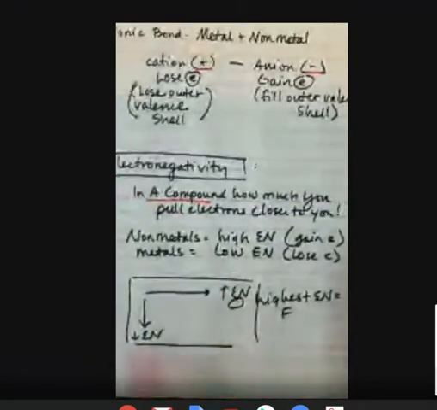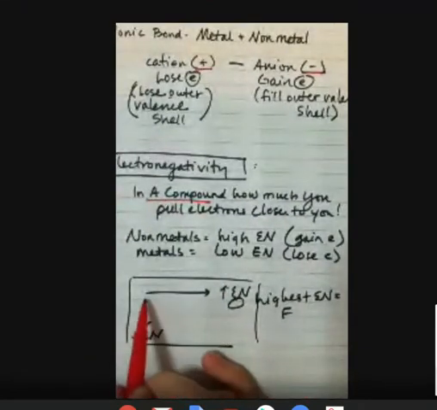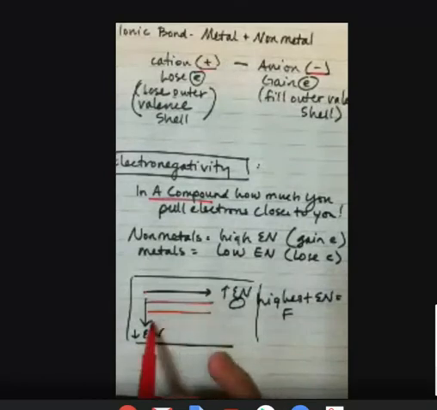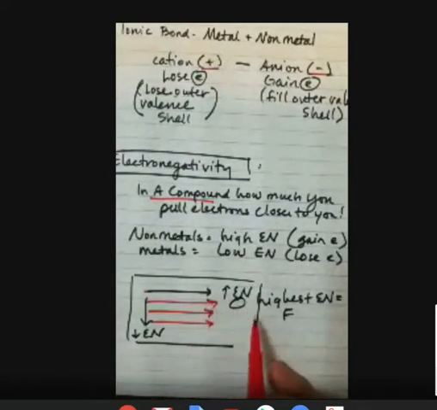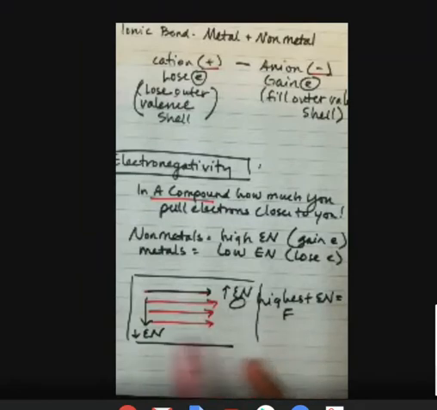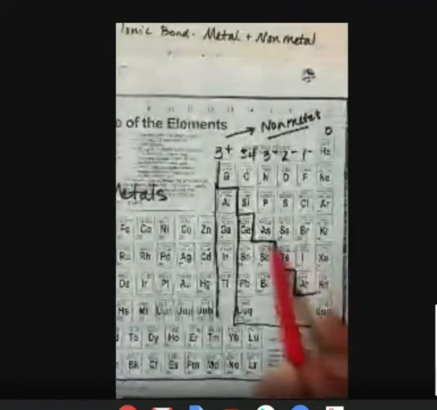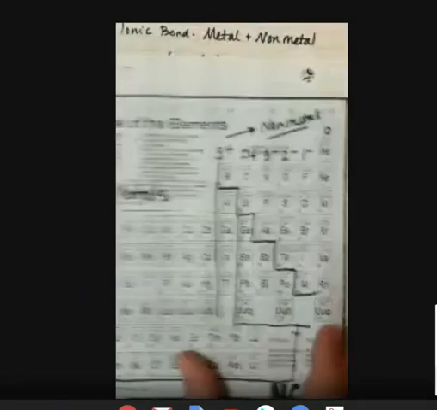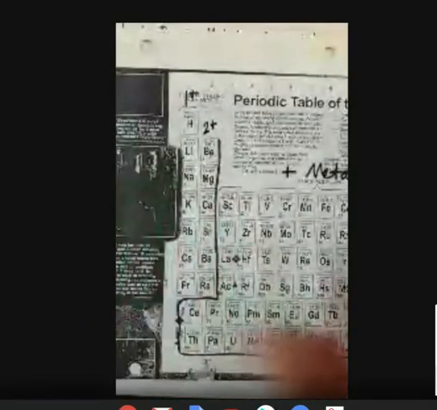So here's the trend on the periodic table. As you go across a period, electronegativity goes up. So the things over here have a higher electronegativity than the stuff over here, which makes sense. These nonmetals right here have a higher electronegativity than these metals over here.